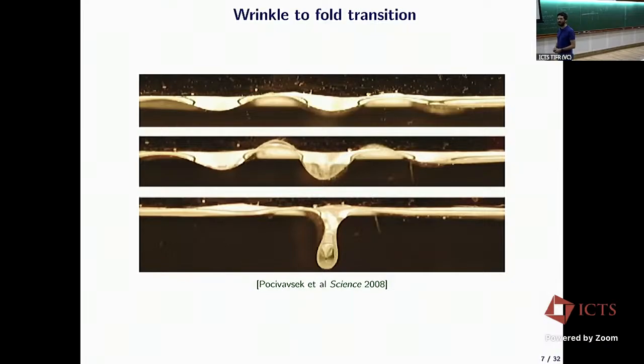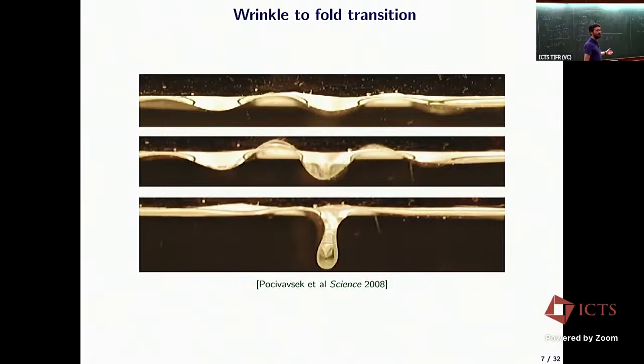This localization is a nonlinear effect that you can easily understand from a simple scaling analysis. You can compare the scaling of putting a single fold compared to wrinkles over all the sheet. And localization appears, this is a bit striking, when the compression distance, L naught minus L, becomes larger or comparable to the wavelength lambda.